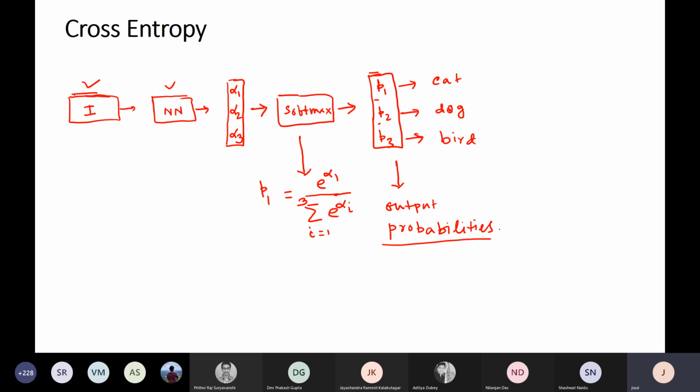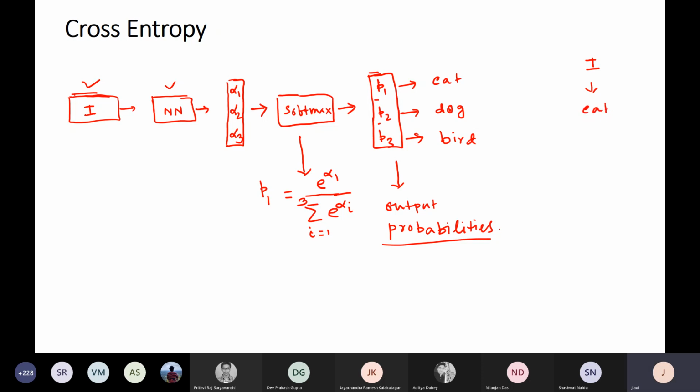Okay. Now basically I have to compute the error. So these are the predicted probabilities given by my network. And now I have to compute the error with respect to the actual labels that are available in the training data. And there I am going to use a thing called cross entropy. Now say for a particular instance I, my actual label, for example, is cat.